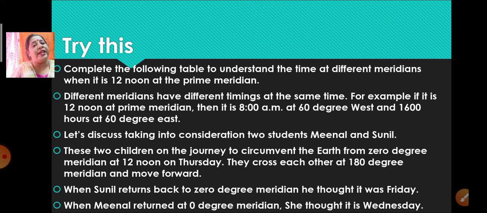At 60 degree west it is 8 a.m., while at 60 degree east it is already 4 p.m. So much of a time difference is there. Different meridians have different timings. If it is 12 noon at the prime meridian, it is 8 a.m. at 60 degree west and 4 p.m. at 60 degree east.